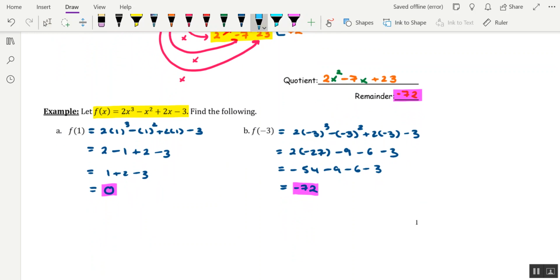Now, since plugging 1 into the function gave us an output of 0, it would mean that the number 1 is a real 0 of this polynomial function.